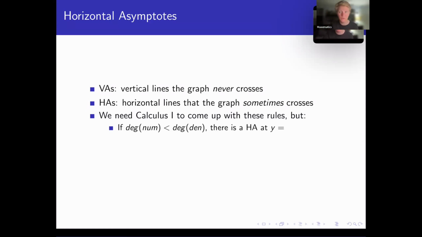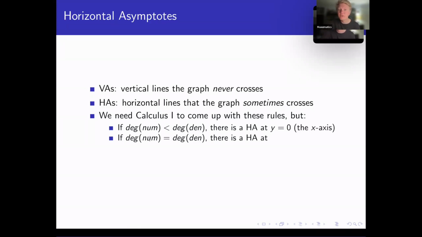Rational function, numerator and denominator: compare the degree of the numerator with the degree of the denominator. In this case, when the degree of the numerator is less than the degree of the denominator, for example something like x squared divided by x cubed, you would have a horizontal asymptote at y equals 0, or also just the x-axis.